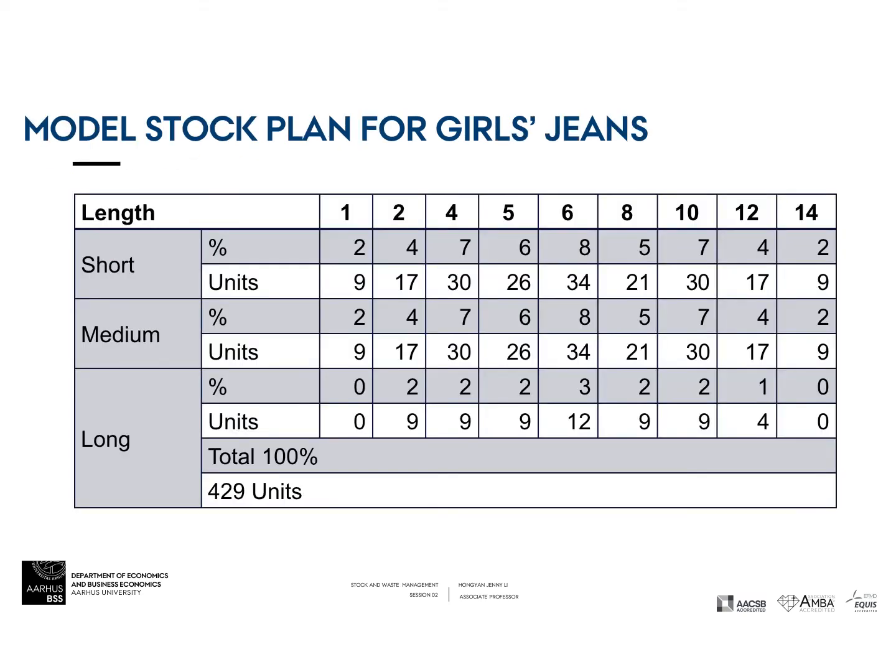This is a model stock plan for the girls' jeans. There's some missing information in this table. Here the columns are the sizes, the American sizes 1 to 4 up to 14, and then vertically you have the lines of your SKUs.